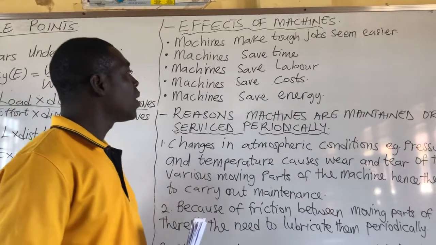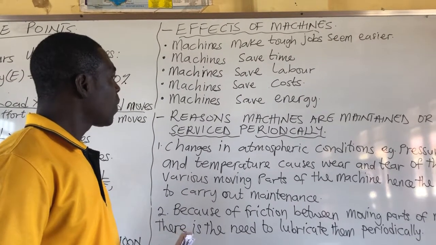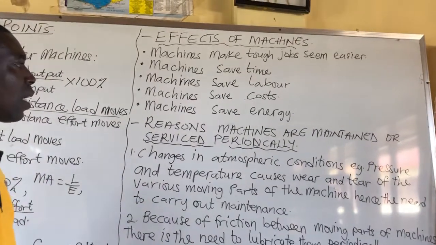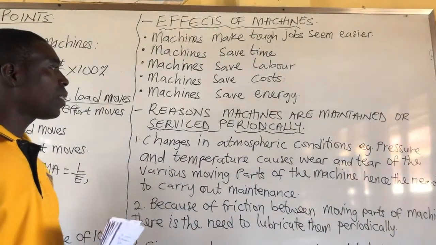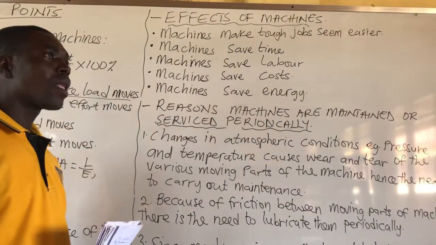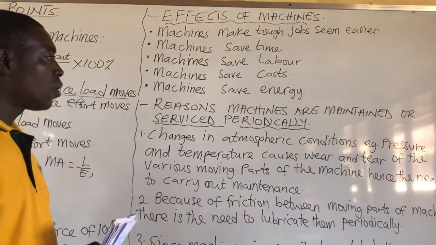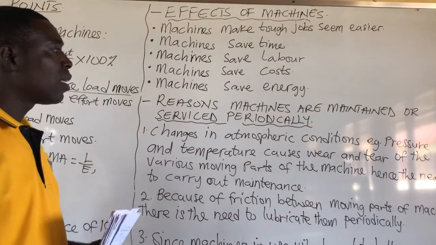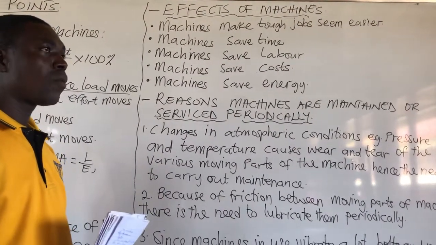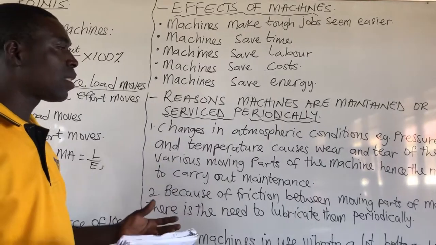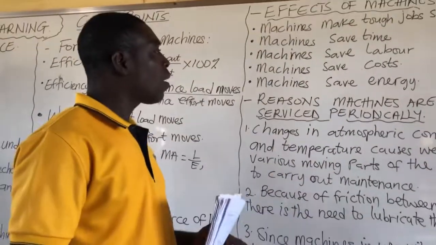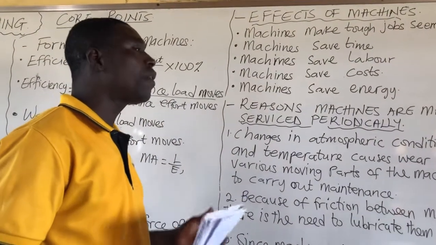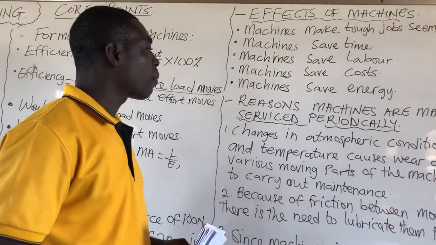it's really good. Now let's also look at some reasons machines are maintained or serviced periodically. In our previous lessons, we saw ways of maintaining machines. But today we are looking at reasons machines are maintained or serviced periodically.